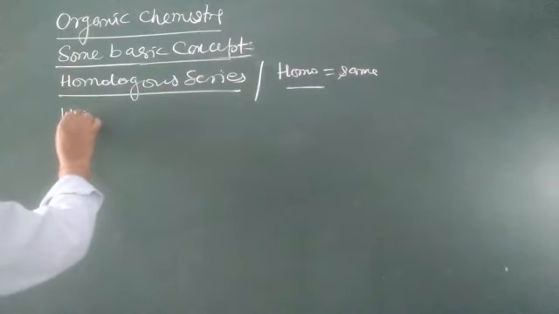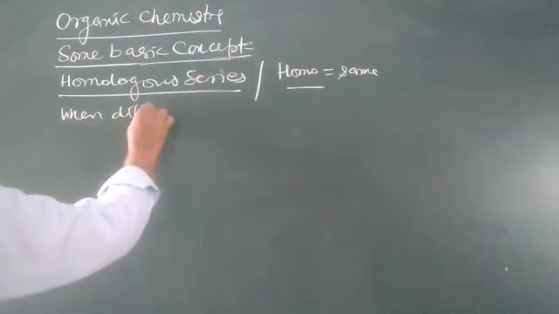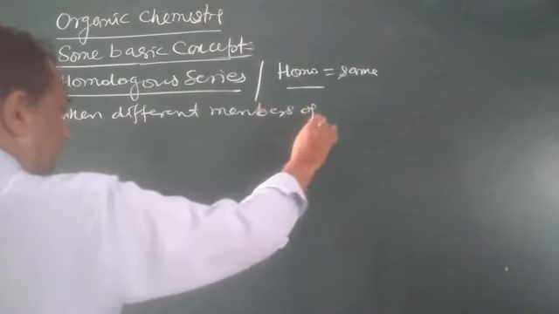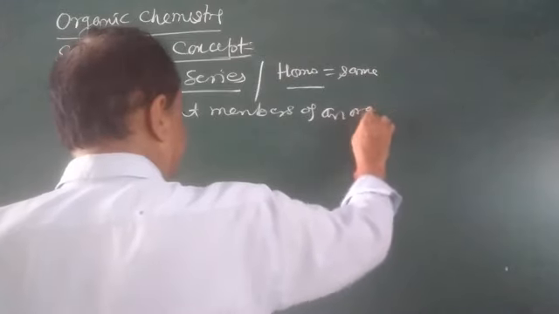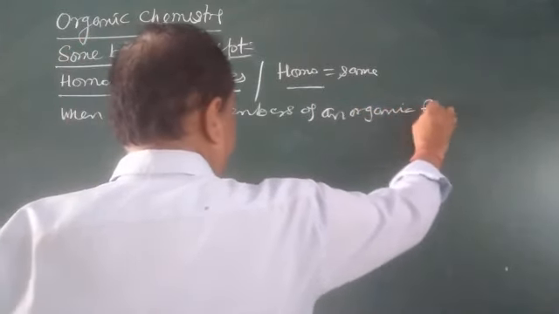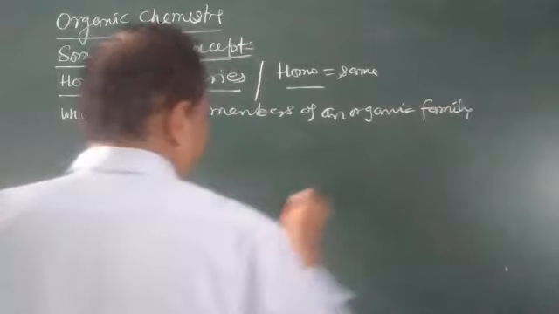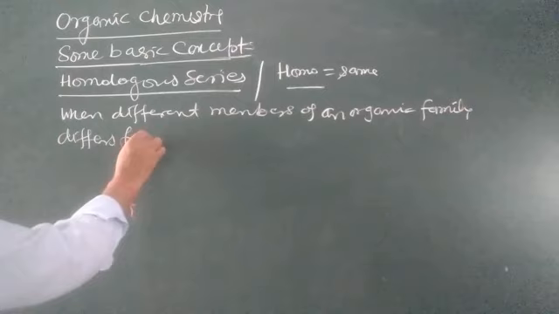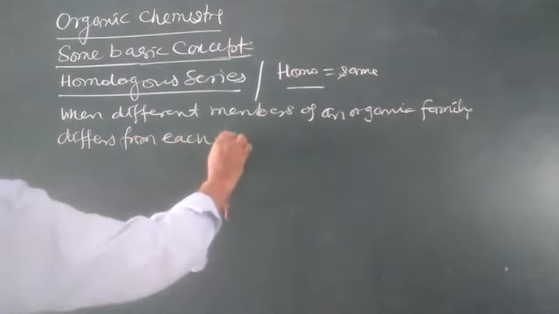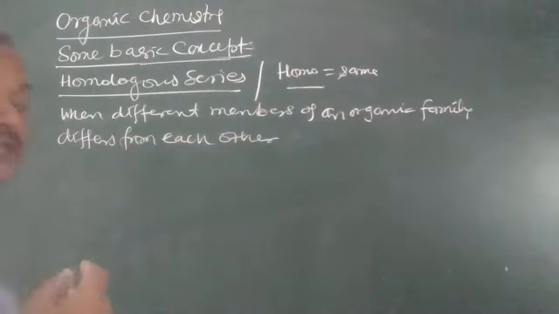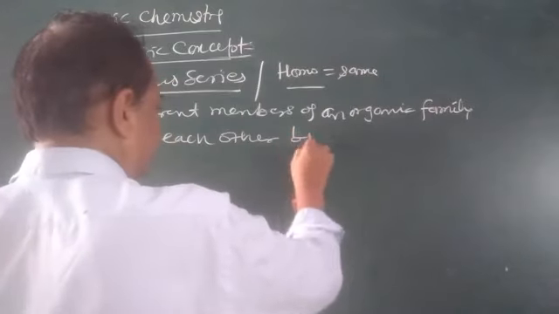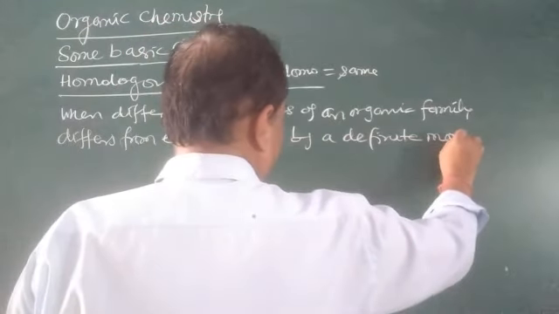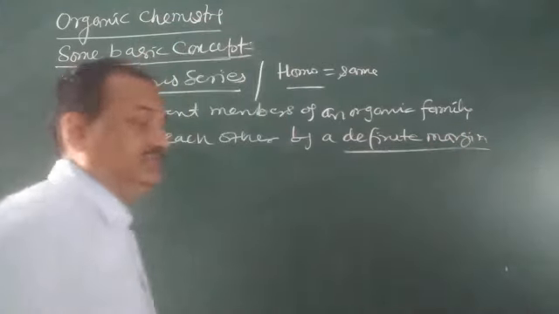So when different members of an organic family differ from each other by a definite margin, or constant margin.